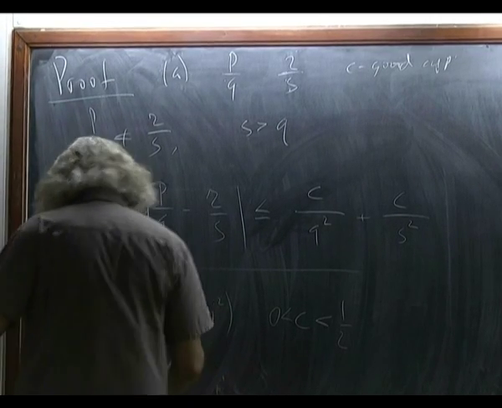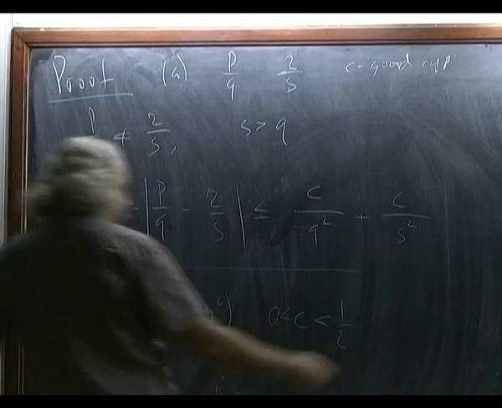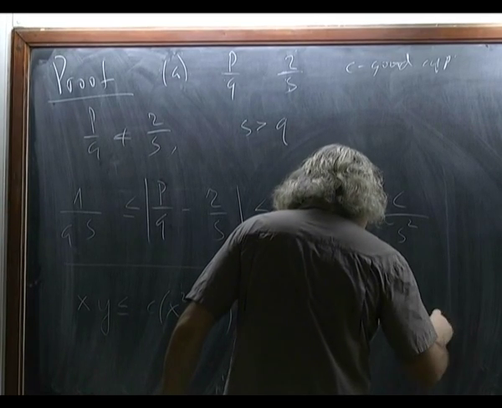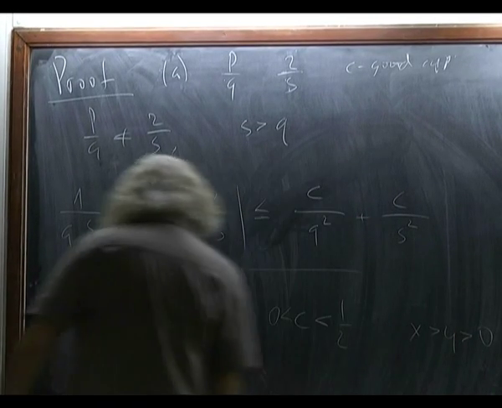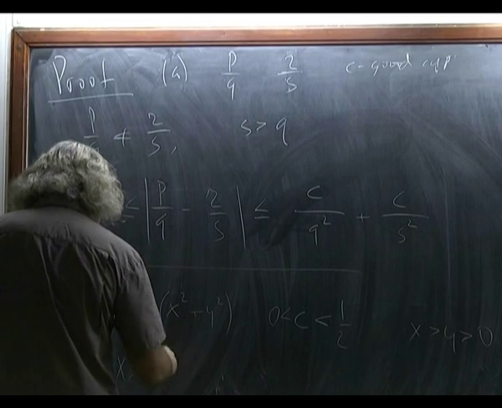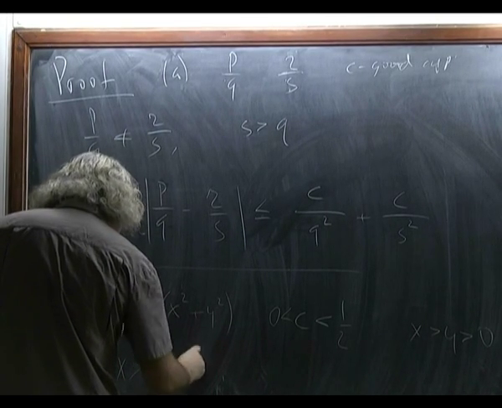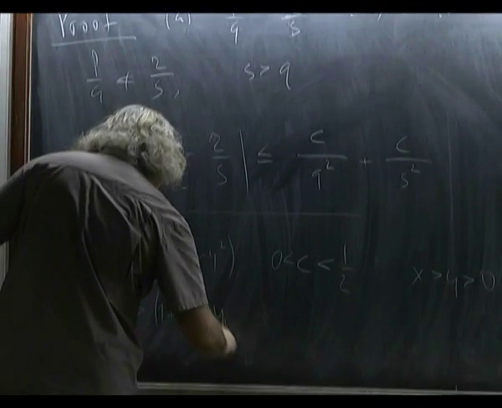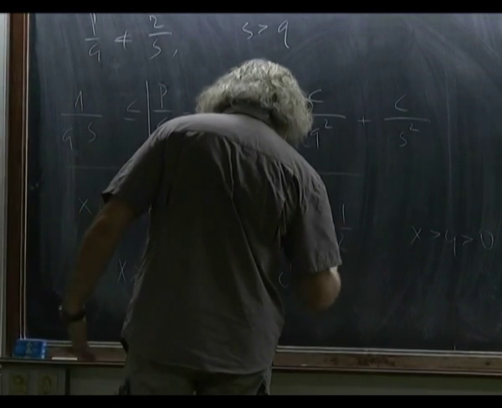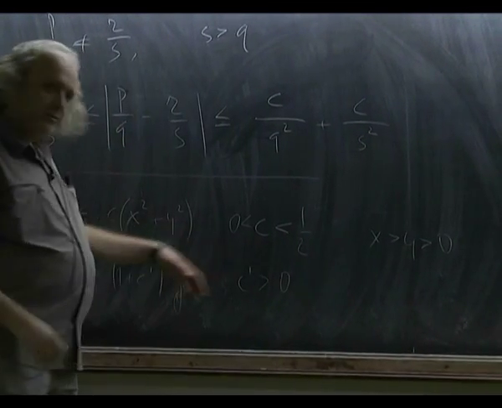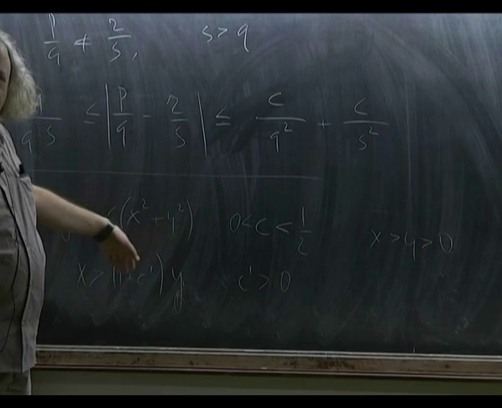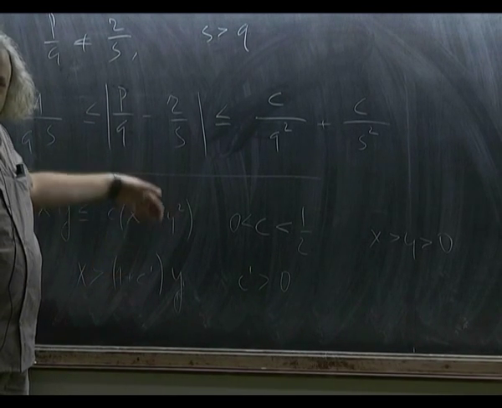Say x is bigger than y, then x must be bigger than 1 plus some c prime times y, with c prime some positive number. I let you calculate this c prime yourself.